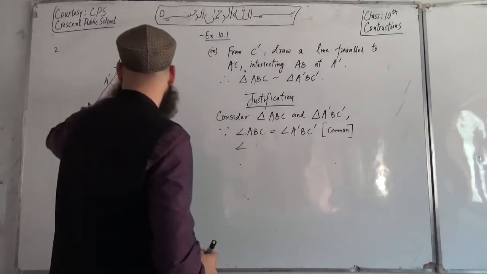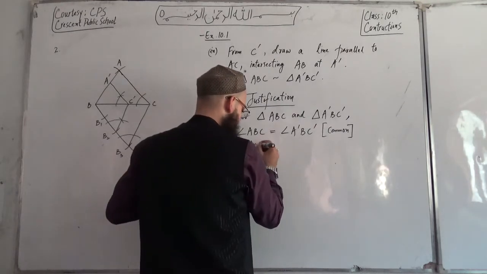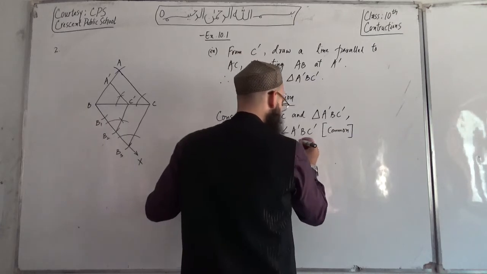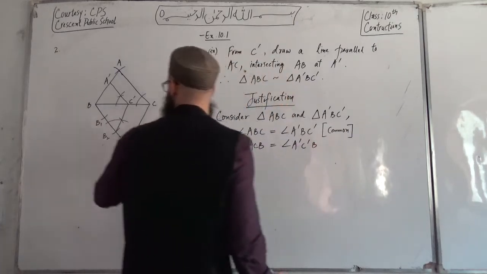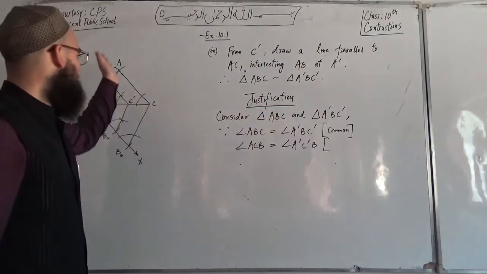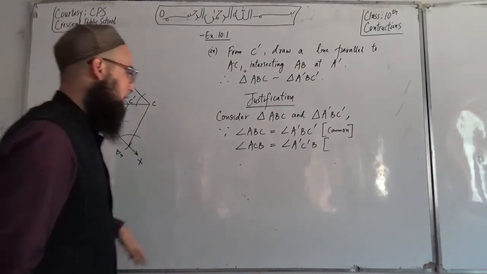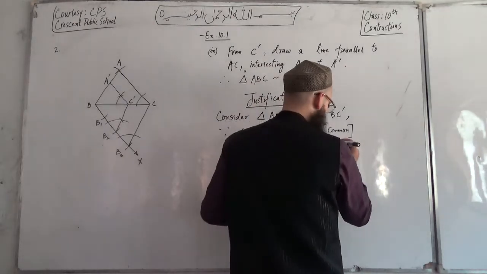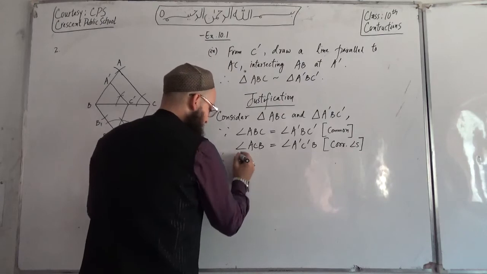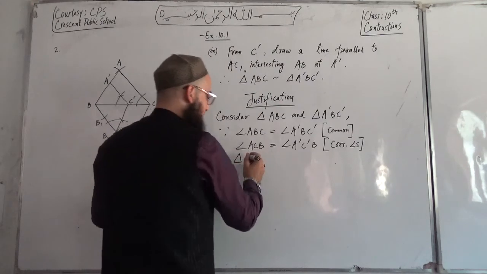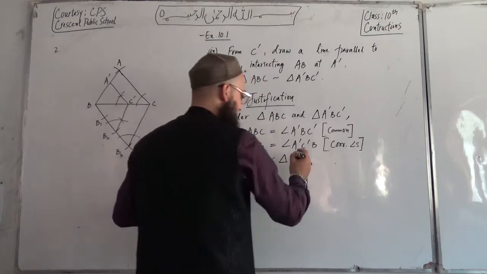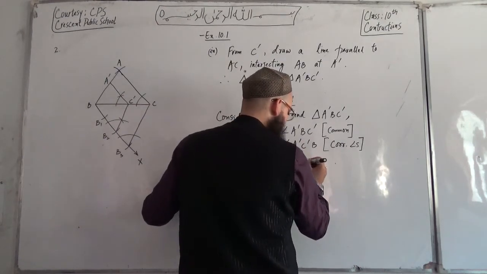Another thing I can say, angle ACB is equal to angle A dash C dash B. Why? Because we constructed parallel lines, so these are corresponding angles. Therefore, you can say triangle ABC is similar to triangle A dash B C dash.